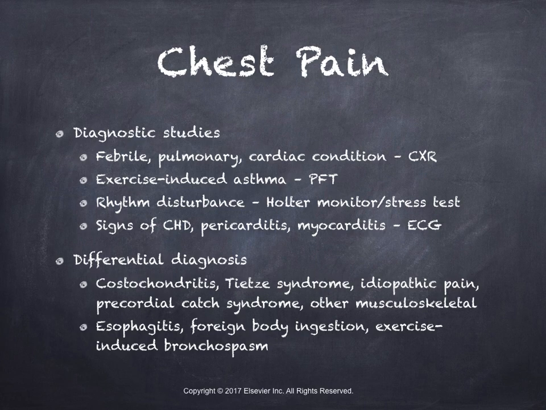So if they have pulmonary findings, you may need to obtain a chest x-ray. They may need PFTs to rule out asthma as a cause. If there's an arrhythmia disturbance, you're going to refer them, and then the cardiologist would order those tests. And if they had signs of congenital heart defect or other cardiac related conditions, they would be seen by a cardiologist.